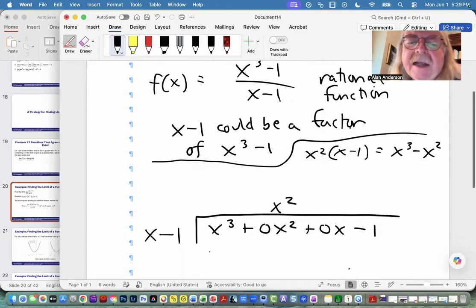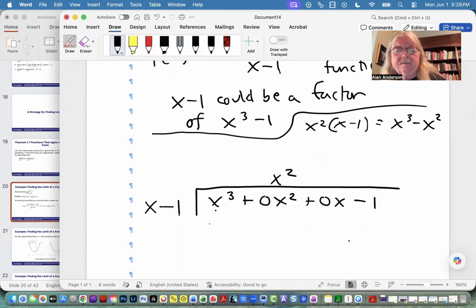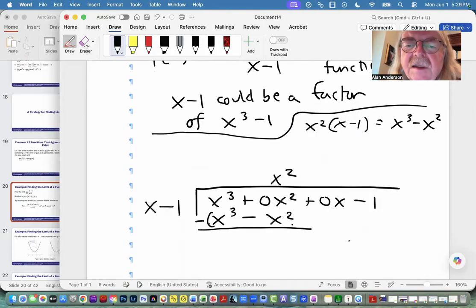So if I multiply x minus 1 by x squared, I'm going to get x cubed minus x squared. So now I'm going to subtract. But I have to be careful because I'm subtracting both terms. That means this becomes negative x cubed. This becomes positive x squared. These cancel out, and I'm left here with x squared.